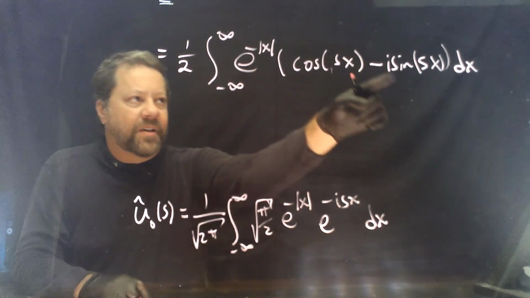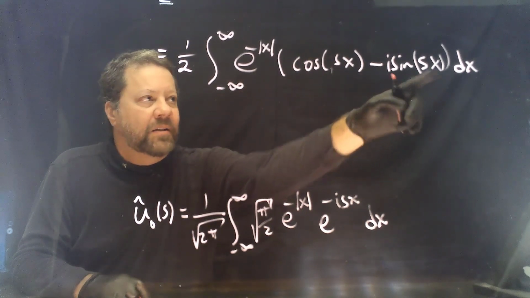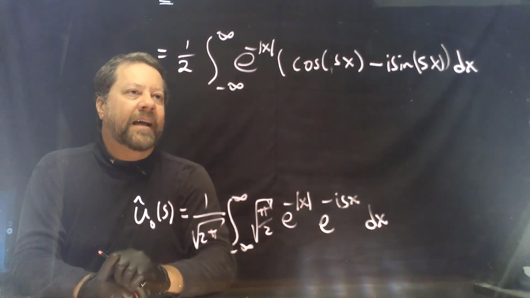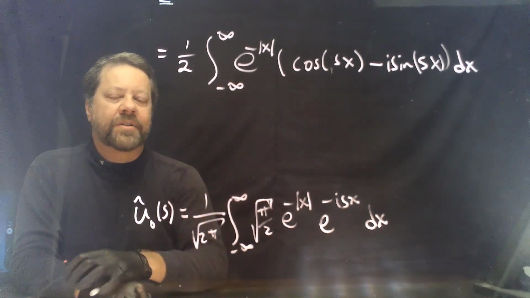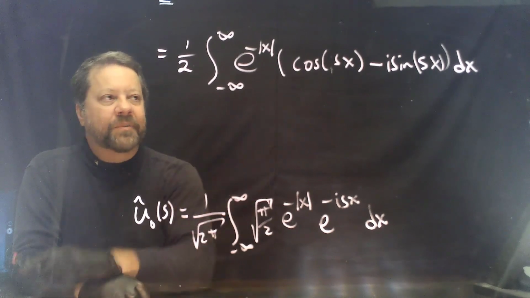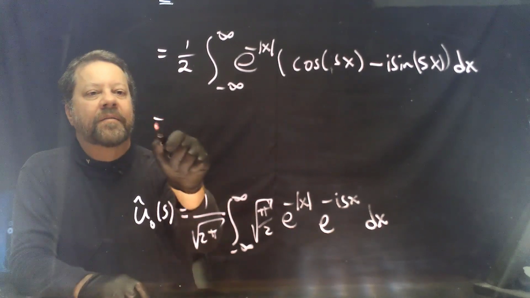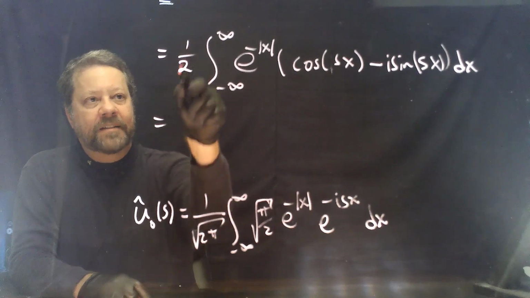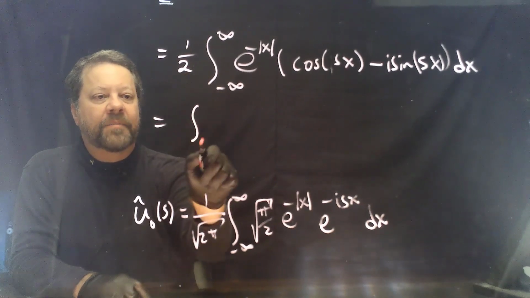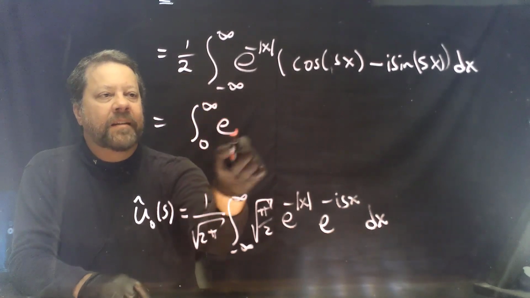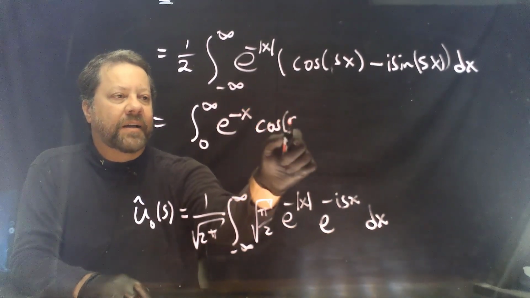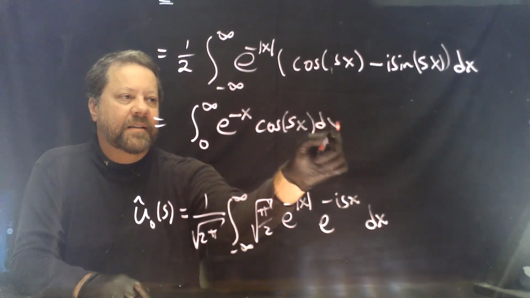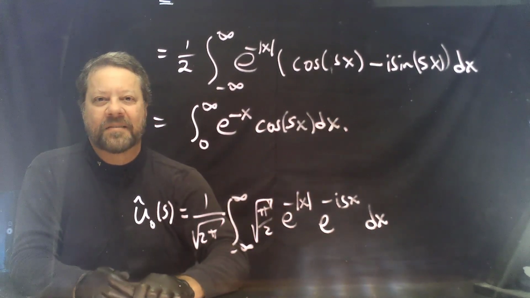The second term is odd relative to x, and it follows then that its integral will be 0. So we only have to deal with this first part, and there we can double the integral from 0 to infinity. That allows us to get rid of the absolute value: cosine sx dx.